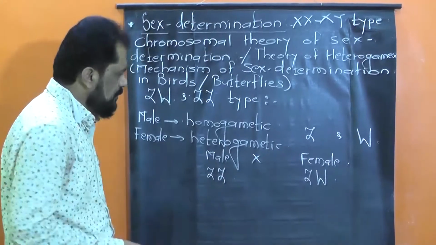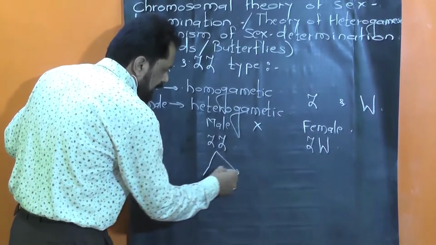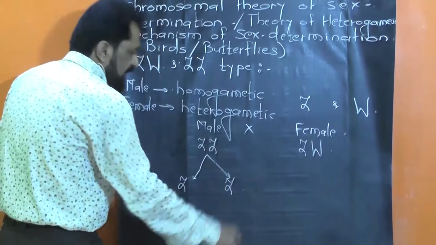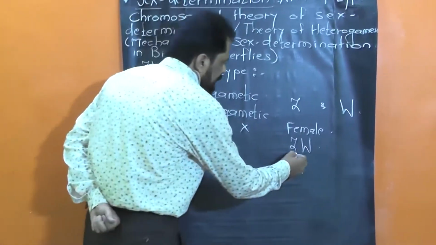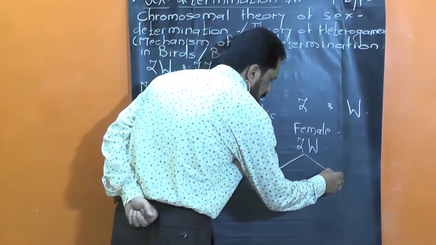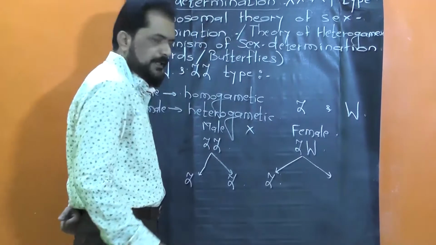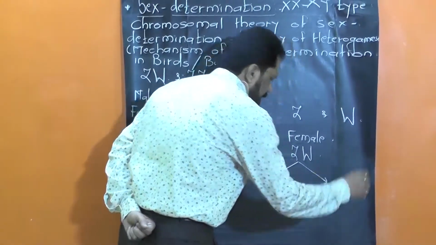So during gametogenesis, the male produces all identical gametes, that is, all the male gametes are with Z as a sex chromosome, and the female individual produces two different types of gametes, that is, half of the gametes with Z and half of the gametes with W.